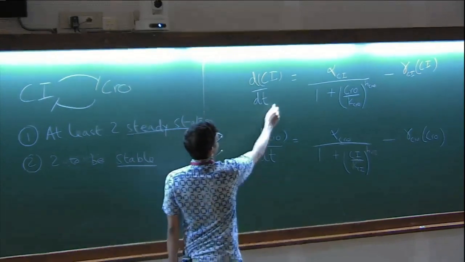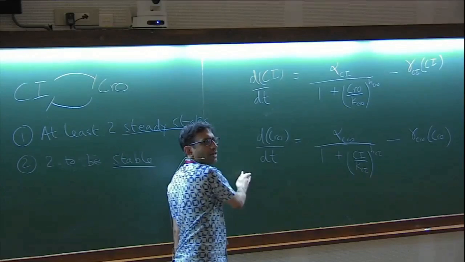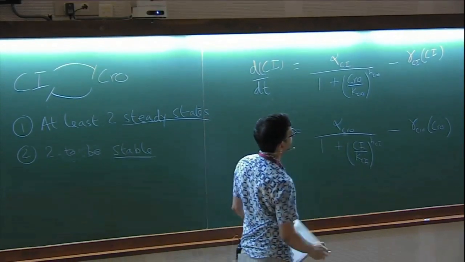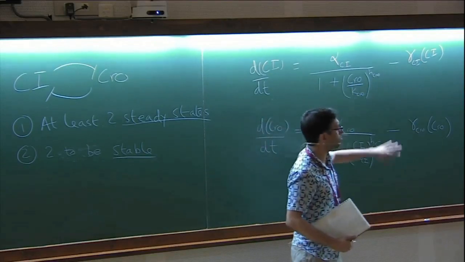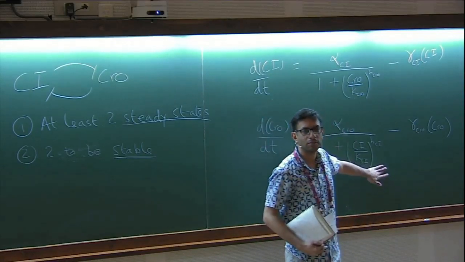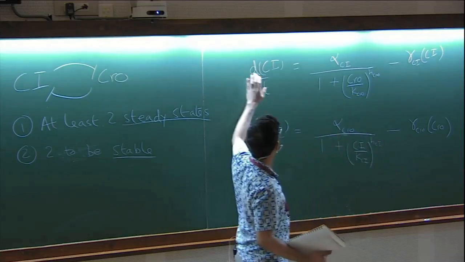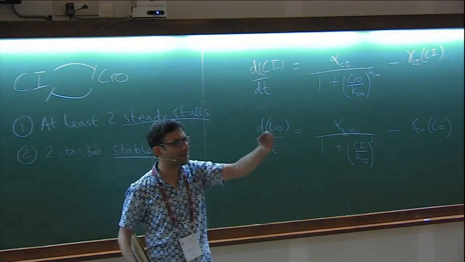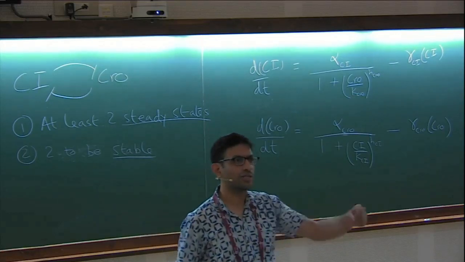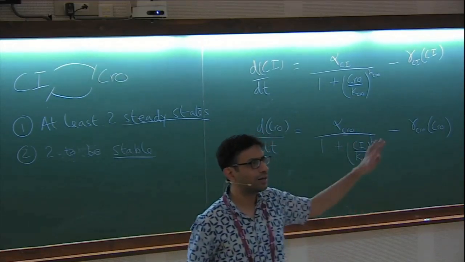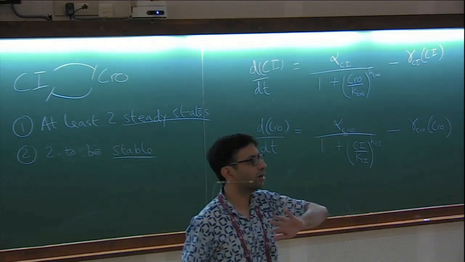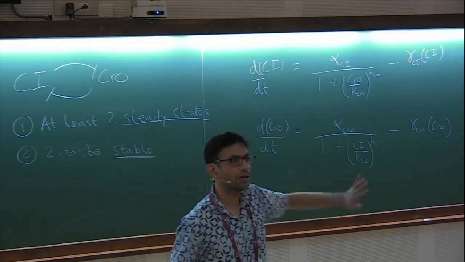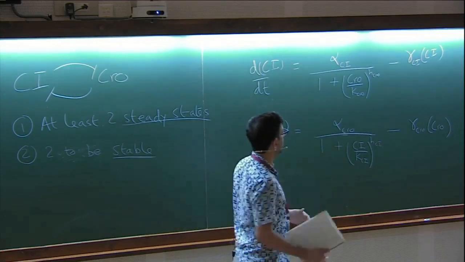And this represents the rate of change of that concentration with time. So these are equations that tell you that if you know what Cro and C1 were at any given time, let's say at time 0, then you could use these equations to calculate what they will be at the next time step, let's say a second later, and use that to calculate what will happen a little bit later. And so you can get the full time course of how these concentrations will change with time, if you have equations like this.